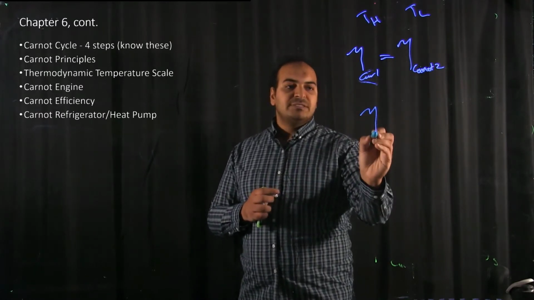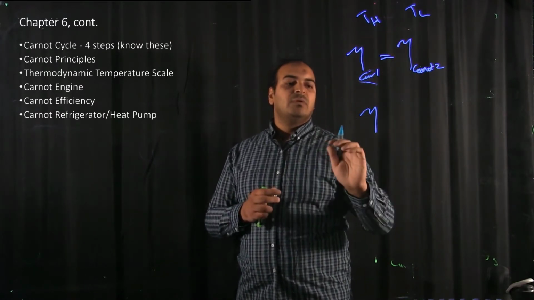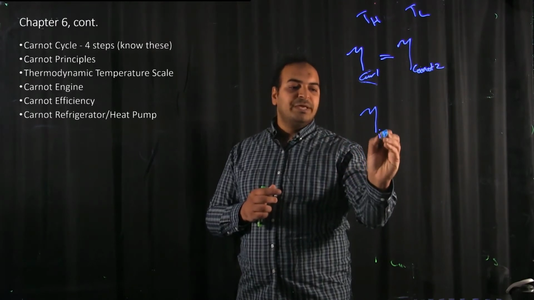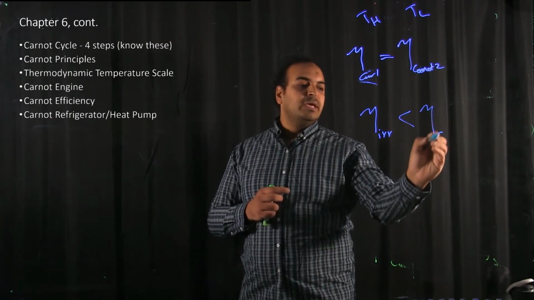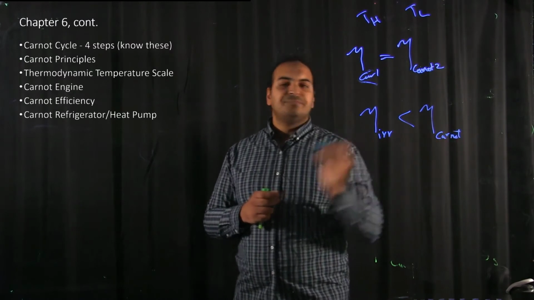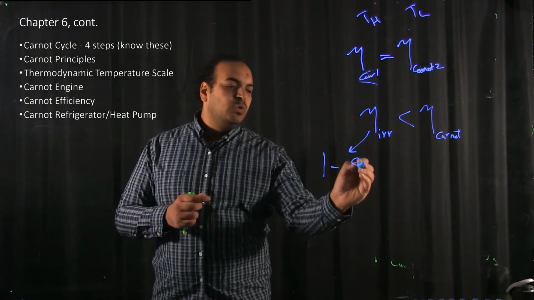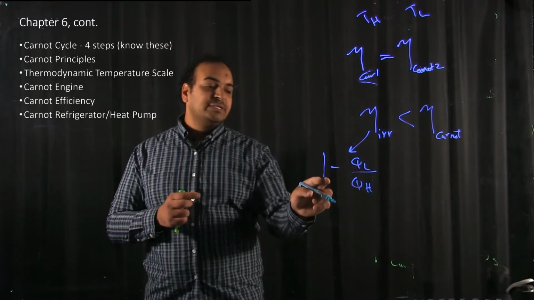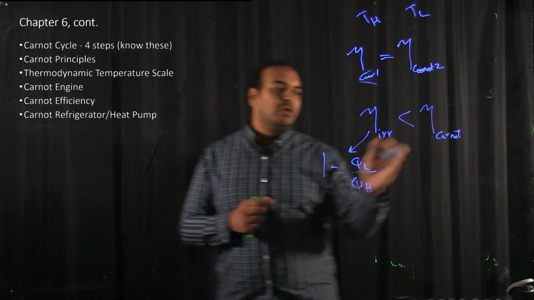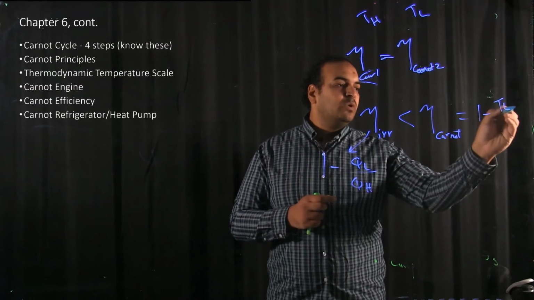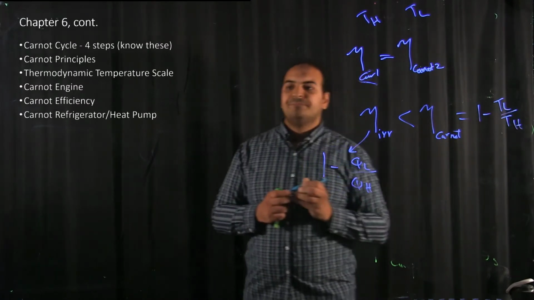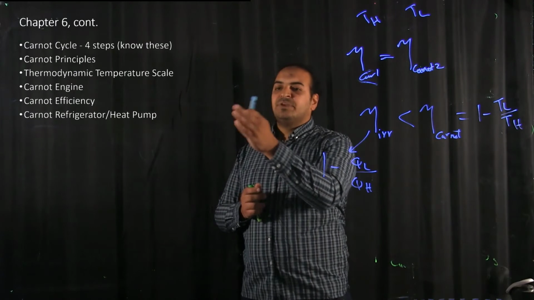If any device operates between T high and T low and is irreversible, its efficiency must be lower than eta Carnot. Eta irreversible, or eta real, is 1 minus Q low over Q high, actually W net over Q high. Carnot is 1 minus T low over T high, which is actually the thermodynamic temperature scale.